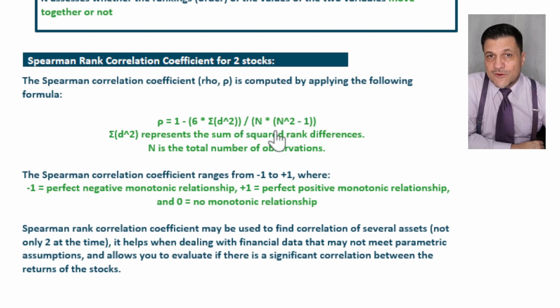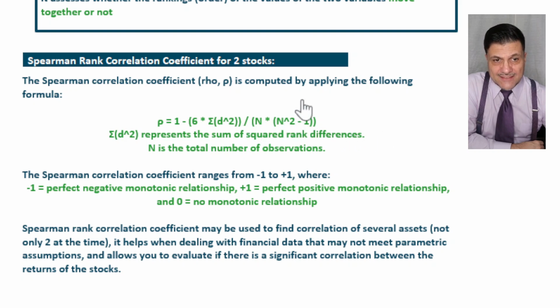So if you break down this formula, it's 6 times the sum of d squared divided by n, but this n will be multiplied by n squared minus 1, just to increase the denominator a little bit. So the denominator here is not divided by n; it's divided by n times n squared minus 1.